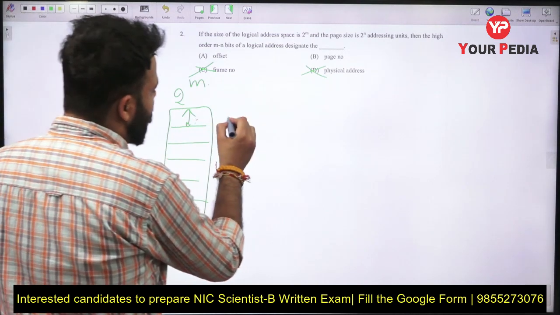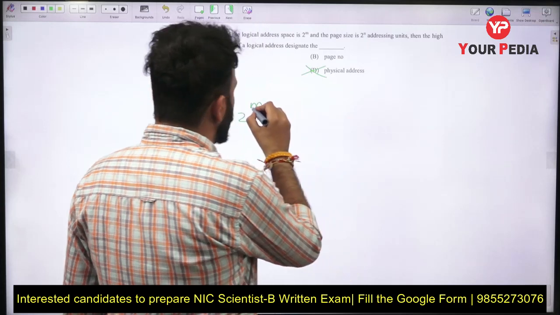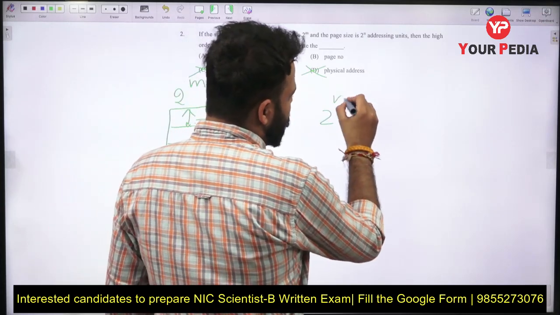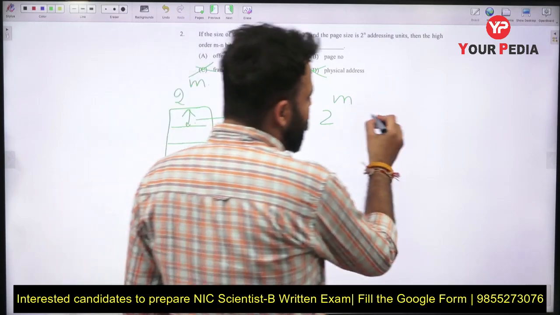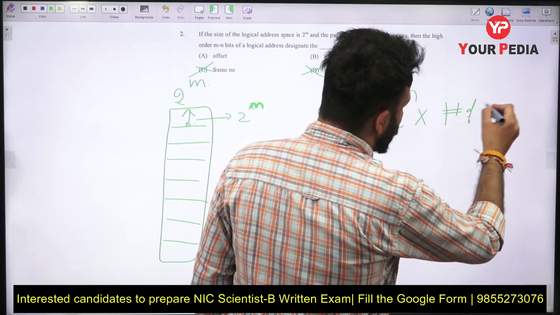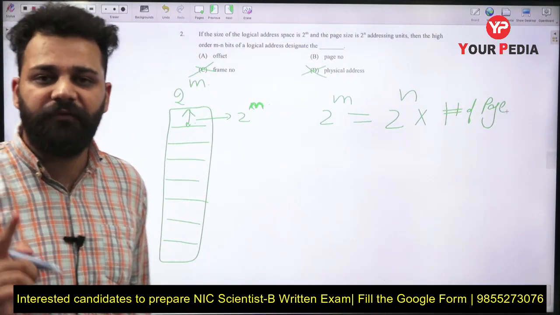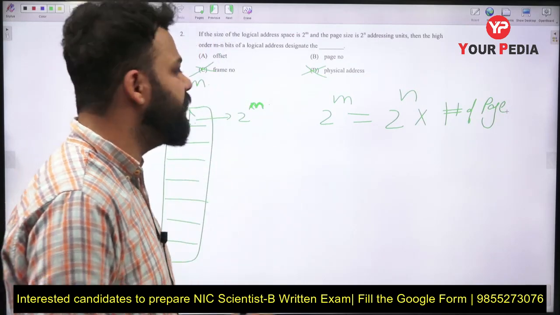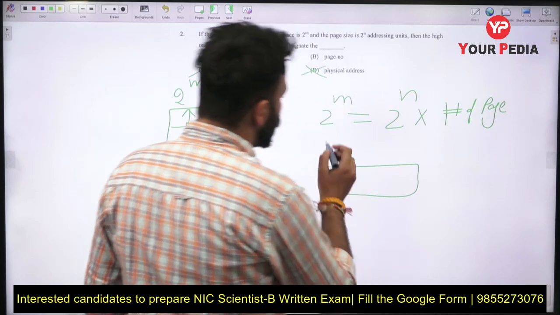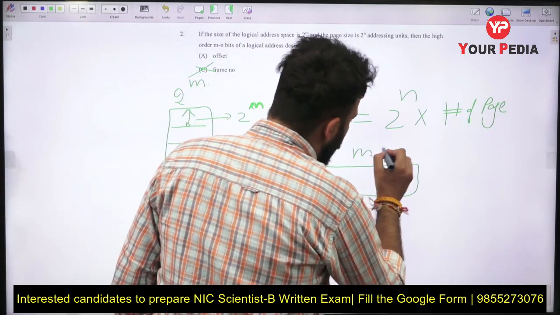After that, the size of one page is 2 raised to power n, and the logical address space is 2 raised to power m. So logical address space is nothing but page size into number of pages. If you want to designate it in terms of logical address, then in order to designate 2 raised to power m logical address space, there will be m bits required.